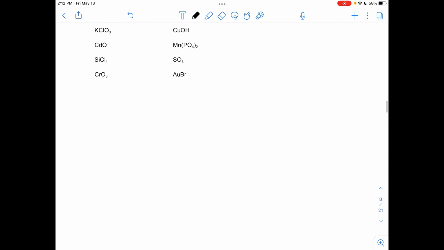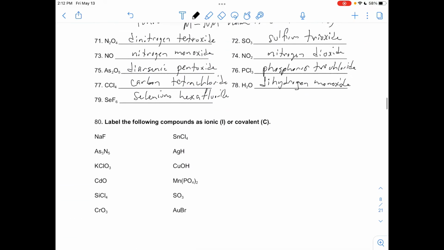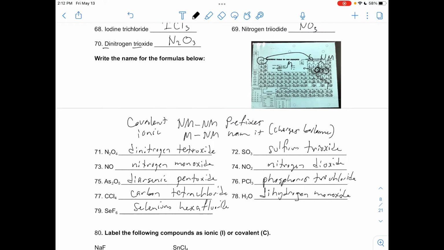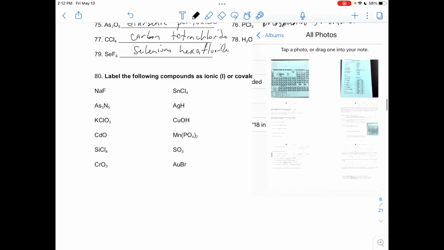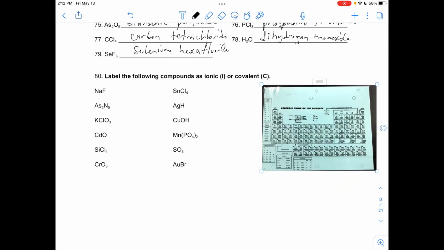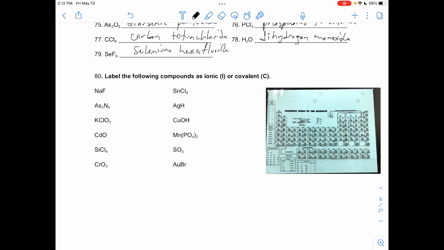Now we have a mixture of ionic and covalent compounds. Okay, so again, how do you tell? Well, let me draw another periodic table over here. If it's 2 nonmetals, it's covalent.